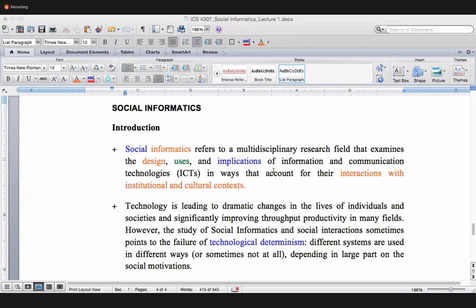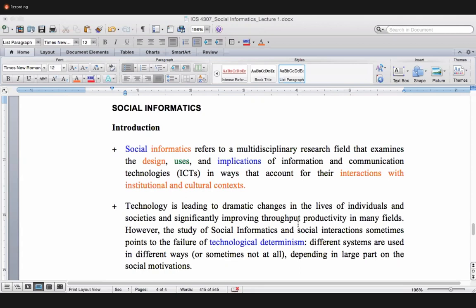Point number two says that we know technology has permeated every sector or every aspect of our lives. And by so doing, it has changed how we do things. It has also defined how we interact. Now, what we say here, throughput productivity, means it has also enhanced production.